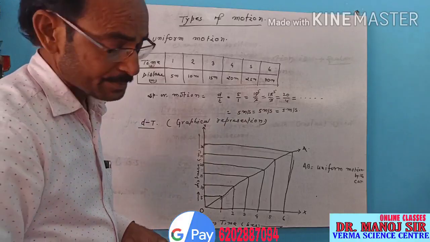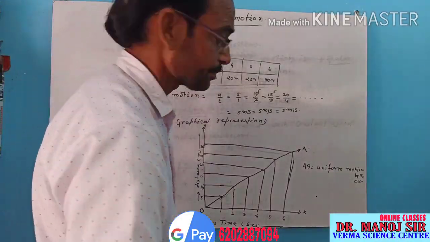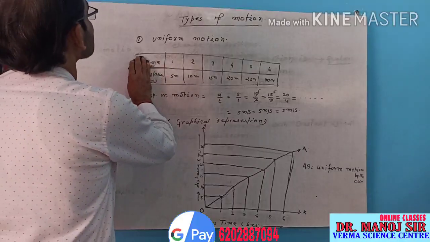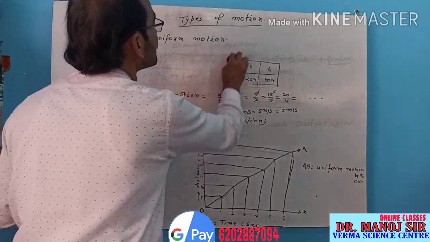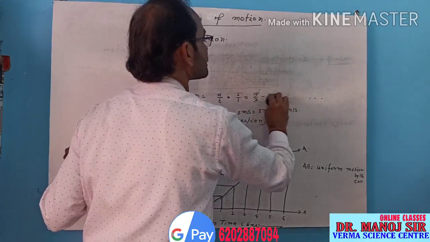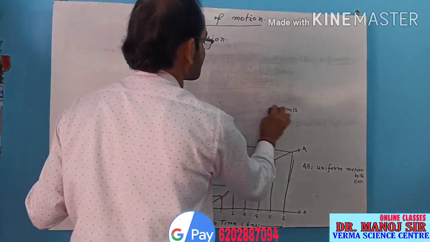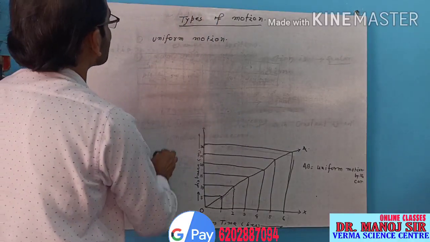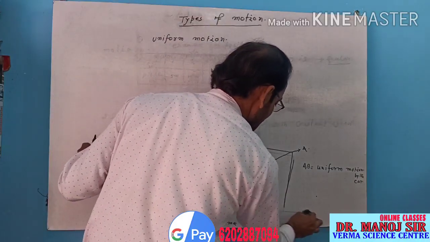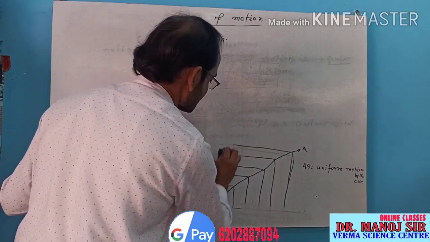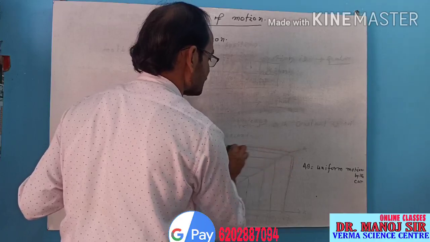Now the second is non-uniform motion. In uniform motion there are equal distances in equal intervals of time, but in non-uniform motion there is an opposite relation between the time period and the distance travelled by a body from a reference point.